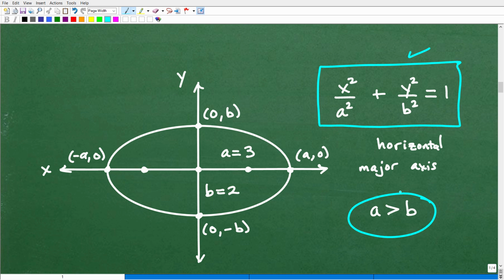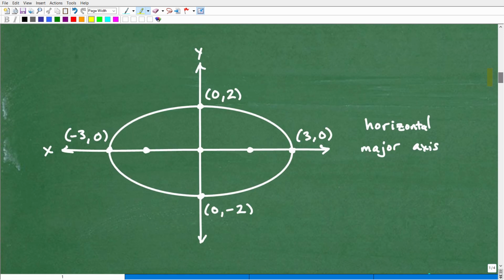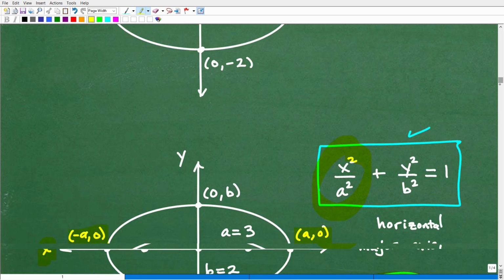In this particular situation, we saw that the bigger coordinates were on the x-axis, so a is greater than b, which is why we're using this form of the equation. Let's go back over here. You can see that we have 3, 0, where x is 3, and negative 3, 0. This length here, 3, on the x-axis is greater than this length, 2, which is on the y-axis. Therefore, the x-axis is the major axis.